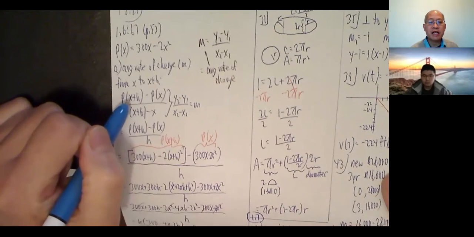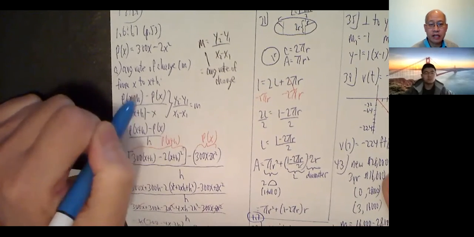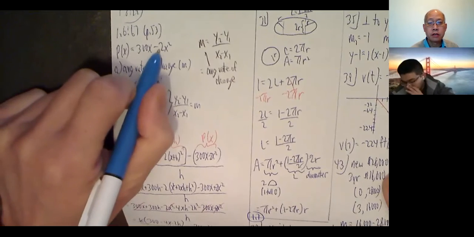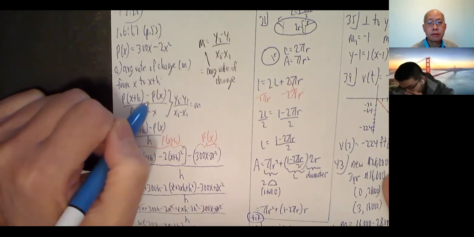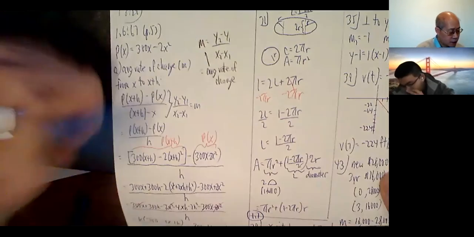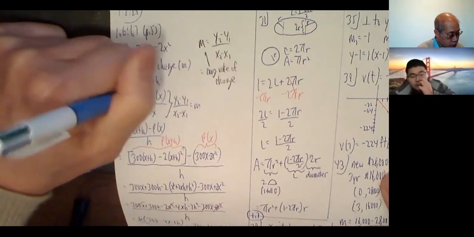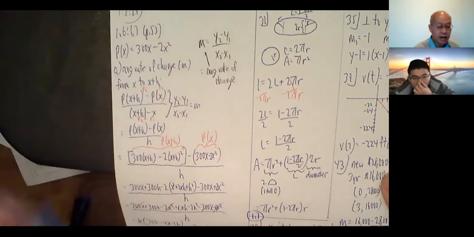Okay, symbolically, it's P of X plus H minus P of X. So I plug in X plus H, I plug in X, subtract. That's like Y2 minus Y1. I'll sneak in a little Y2 minus Y1, and this is X2 minus X1.